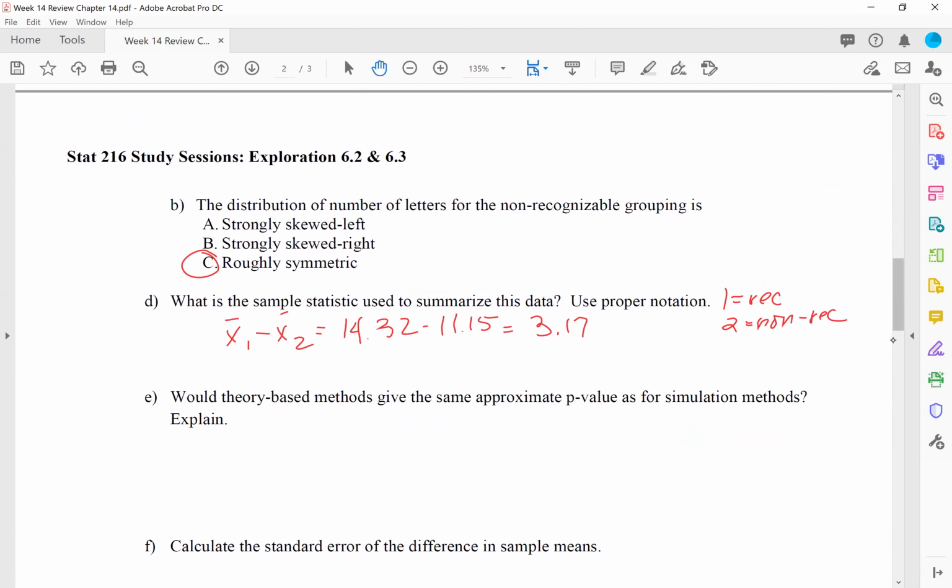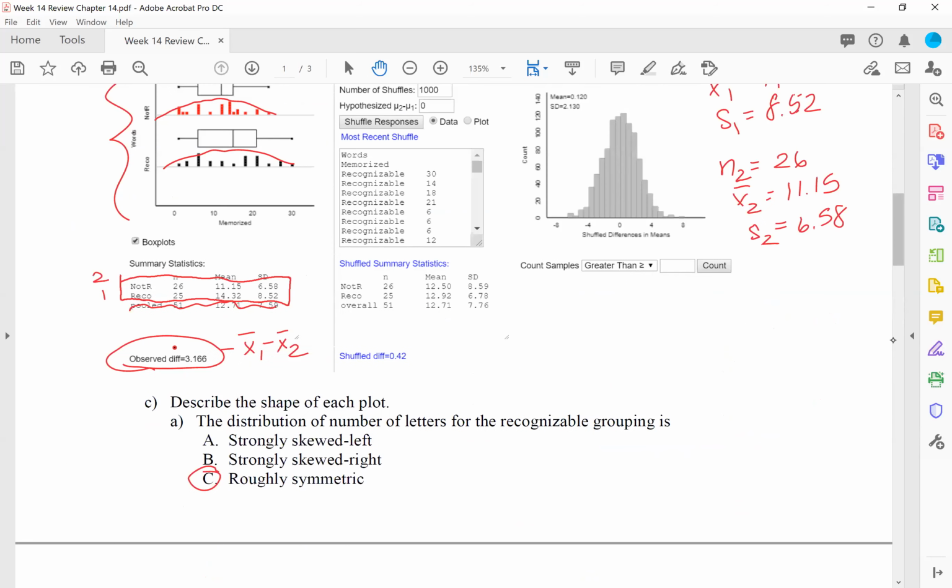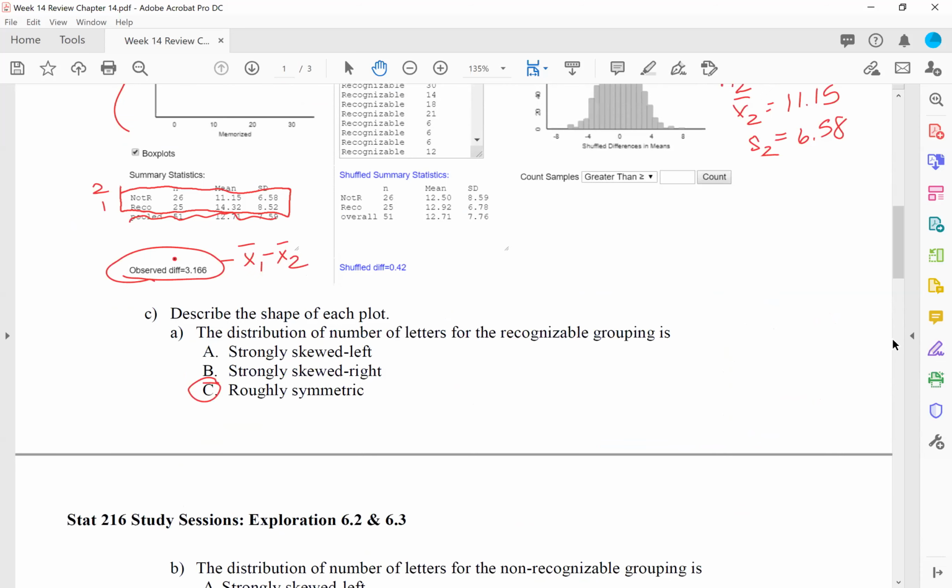So this next question is getting at that idea of validity conditions. It's saying, would the theory-based methods give us the same p-value as for simulation methods? So remember, we need to look at our sample size and see, are those greater than 20? Mm-hmm. And they both are. And then we'd have to look at the shape of the distributions. And we said that they're both roughly symmetric, so they're not strongly skewed.